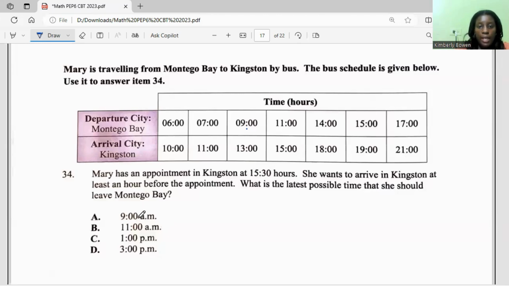So would she leave at 9 or 11? Clearly, she's not going to leave at the times afterwards because she's going to miss her appointment. So it's between 9 and 11. Now, 1 hour before her appointment is actually 2:30. But the latest time she needs to leave is actually 9, because otherwise, if she leaves exactly at 11, she's not going to arrive 1 hour before.